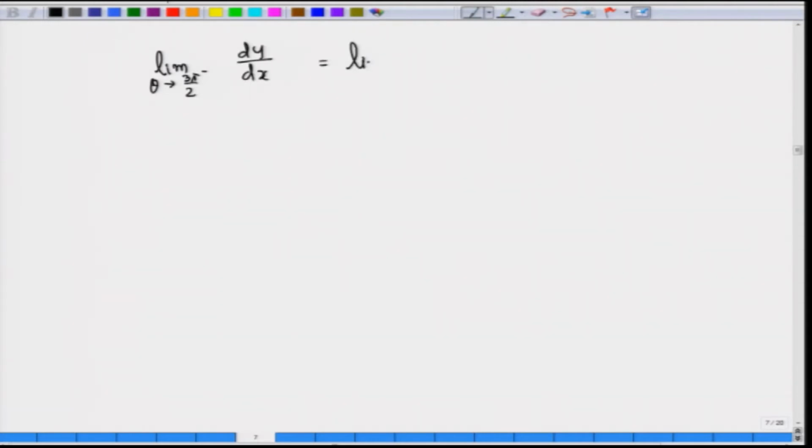So this is the limit as theta goes to 3 pi by 2 minus of cos theta (1 plus 2 sin theta) divided by (1 plus sin theta)(1 minus 2 sin theta). Okay, cos 3 pi by 2 is 0, and sin 3 pi by 2 is negative 1.